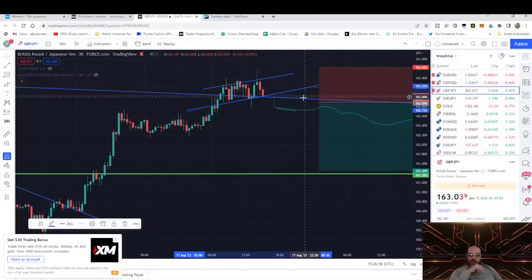Something like this. Yeah. So this is very short term. You sometimes can mark up things like this, but then we have these two trend lines that are blocking it. So once again, if we close below here, that's a very strong indication that we will continue downwards.